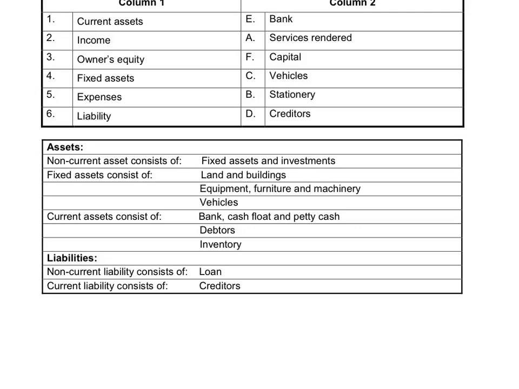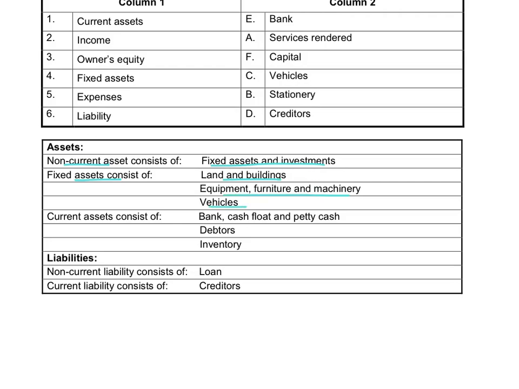I made a summary of the assets and liabilities so that you can study these and know exactly what they are. Non-current assets consist of fixed assets and investments. Fixed assets consist of the land and buildings, the things inside your house, equipment, furniture, machinery, and vehicles.